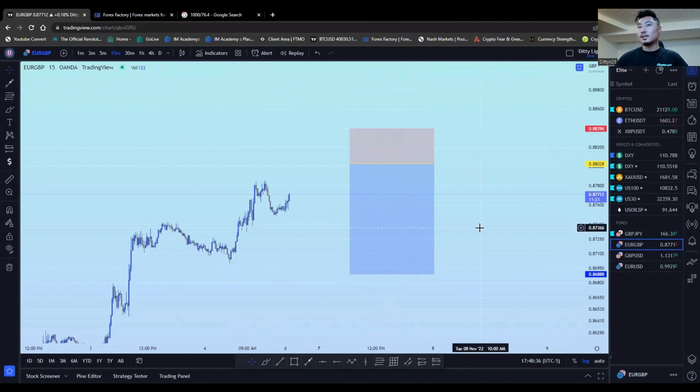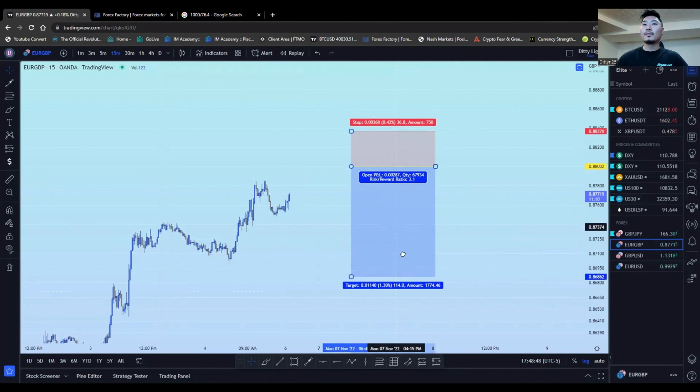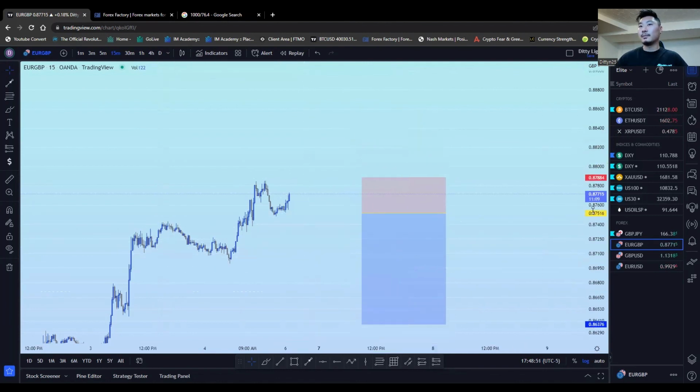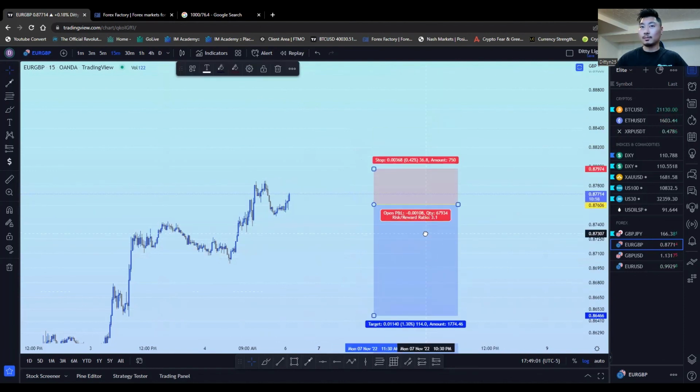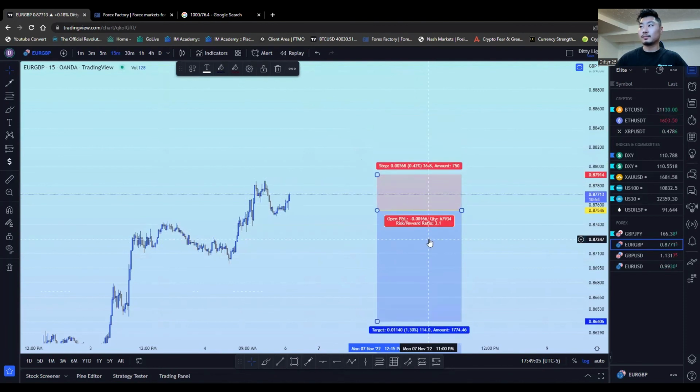In this case my entry price is above the actual price, so sell limit, boom. That's it. Nothing more, nothing less. If my entry price is below the actual price, sell stop. Sell limit, sell stop.